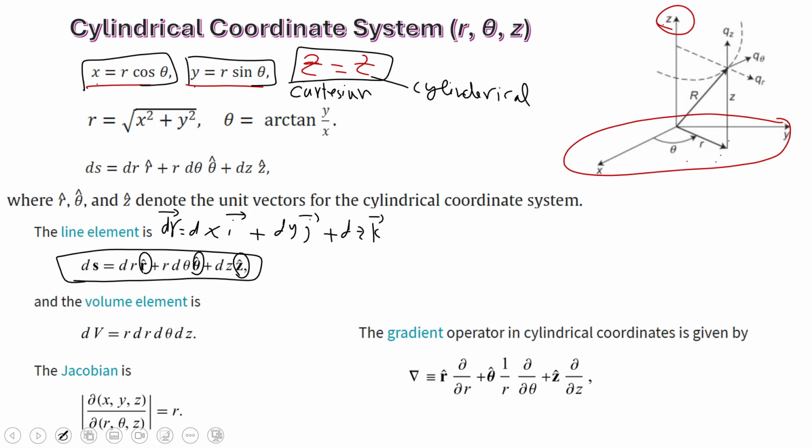Now, what is a volume element? Why didn't we say area element here? Because we are in 3 dimensions, so we care about the volume element, right? The volume element in the Cartesian is dx dy dz, the length times the height times the width.